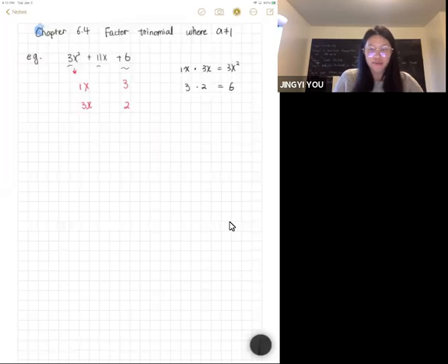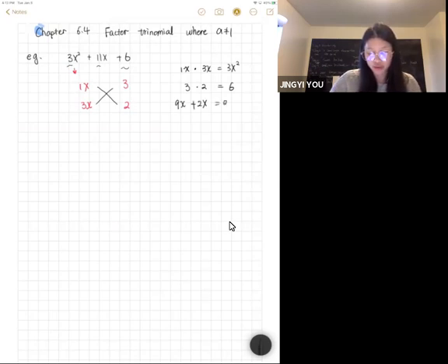And then we cross multiply. This is called the cross multiply method. So I have 3x times 3, which is 9x, and 1x times 2, which is 2x. After they cross multiply, we add them together.